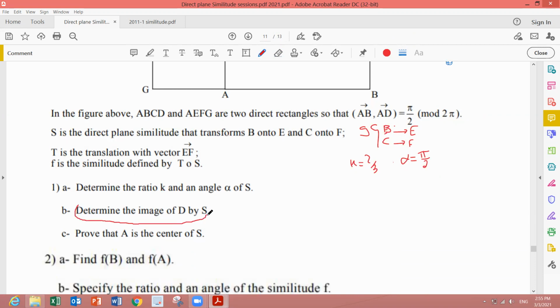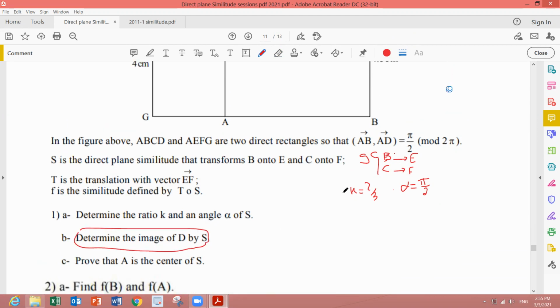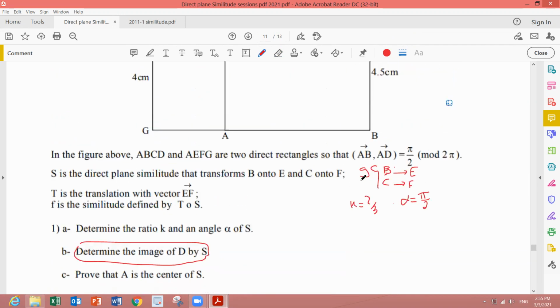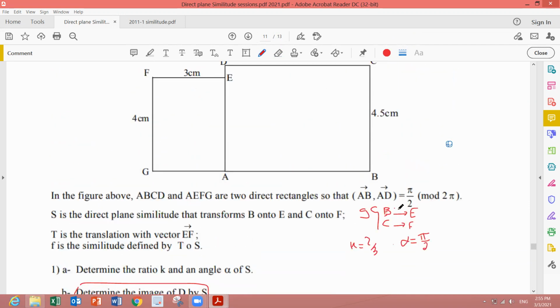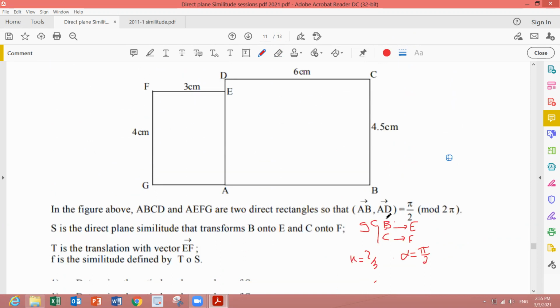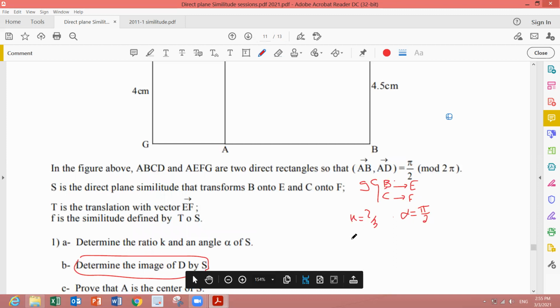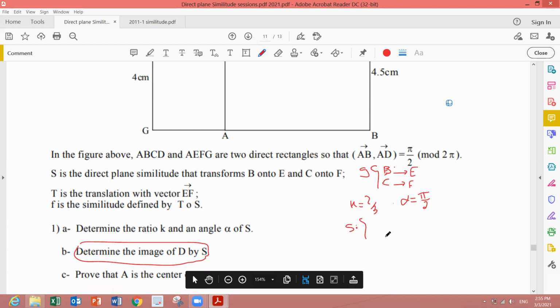Determine the image of D by S. How to determine the image of D by S? So which point do I use, B or C? We said C. If I join B, BD becomes harder to take S. Teacher, C also becomes a bit hard.